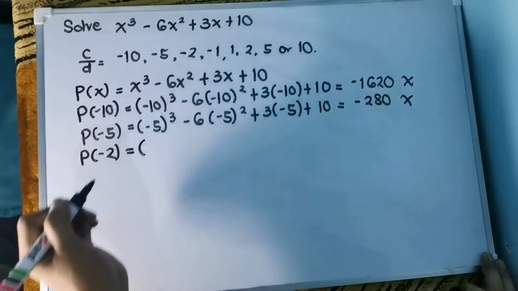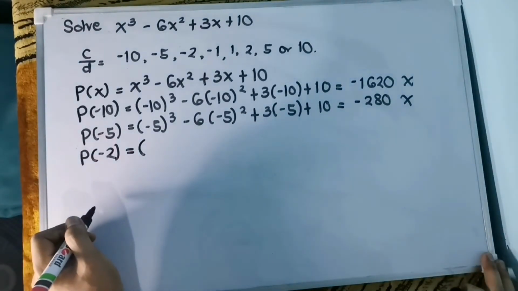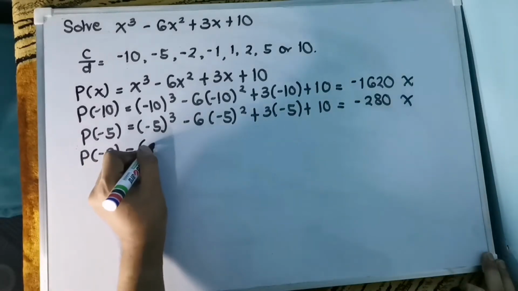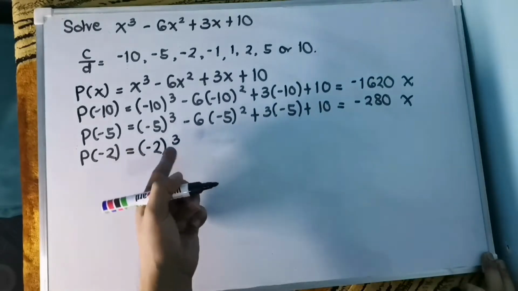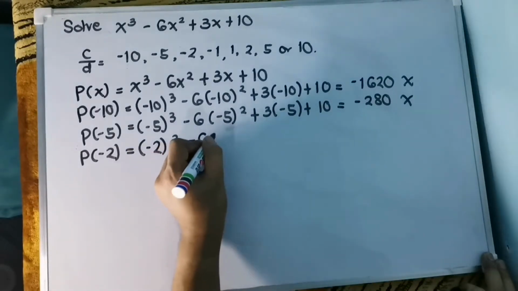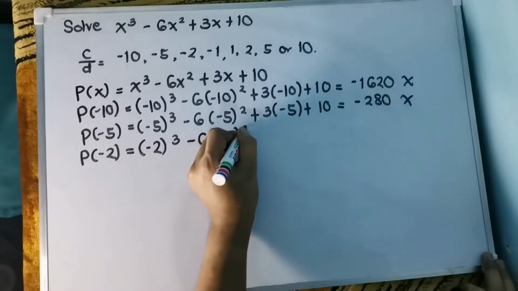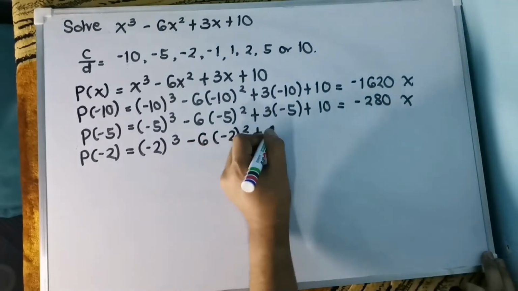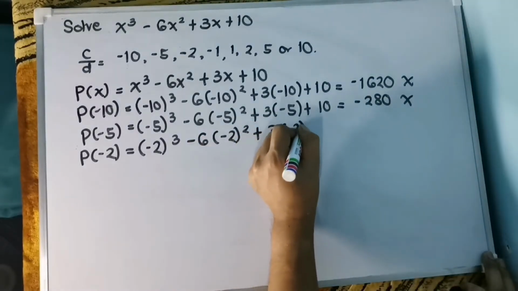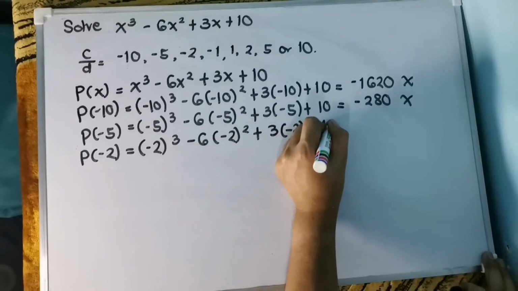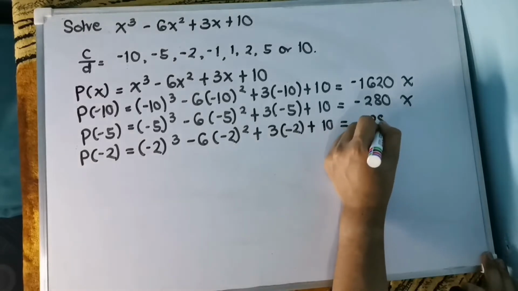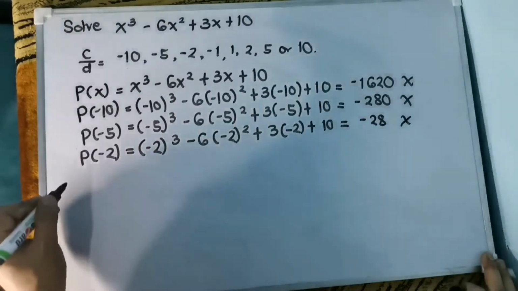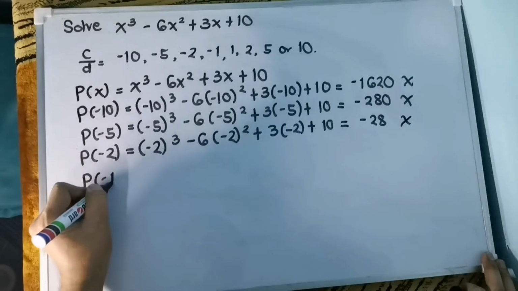So mapapansin nyo, it takes a long process for you to be able to solve the given, right? So itatry natin kasi yung mga values. So we have negative 2 cubed minus 6 times negative 2 squared plus 3 times negative 2 plus 10 is equal to negative 28. So, hindi rin. Next, p of negative 1.